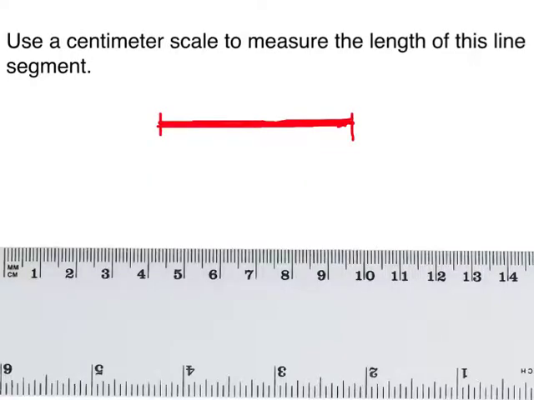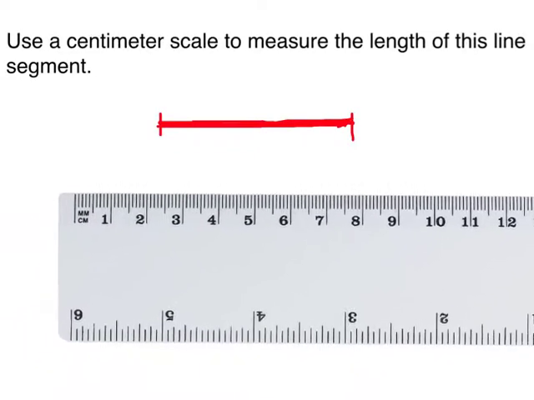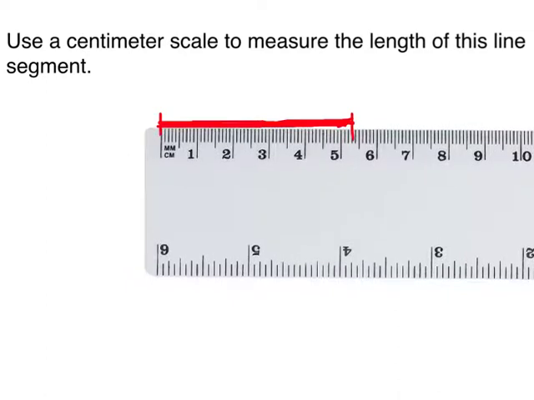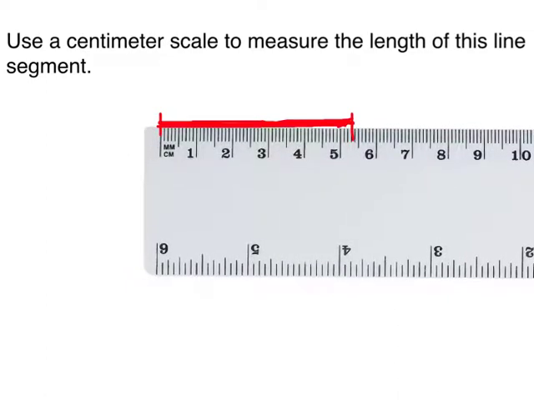Alright, now this says use the centimeter scale to measure the length of this line segment. Alright, so let's take this up here, put it on the end. We can see that it is 1, 2, 3, 4, 5, and then it goes beyond 5, 1, 2, 3.